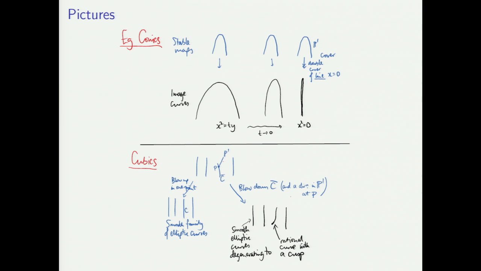I can deform this in the moduli space of elliptic curves with one point, and glue any one of those elliptic curves to a P1 in the same way, and then just map it to this cuspidal curve here, just by contracting it. And all of those guys are stable maps as well. So all of those live in this so-called compactification. This compactification of this space of curves is much bigger than the original space of curves. And in Gromov-Witten theory, you have to integrate over all such objects.